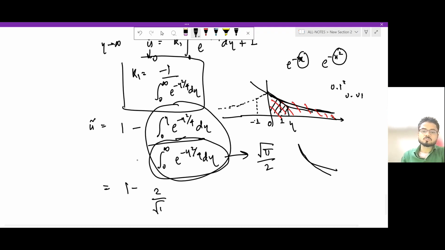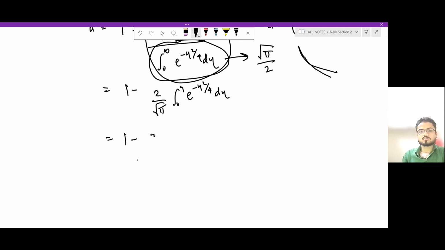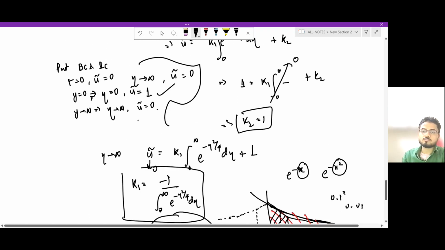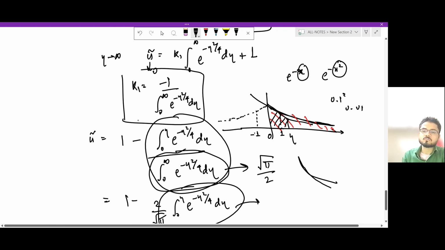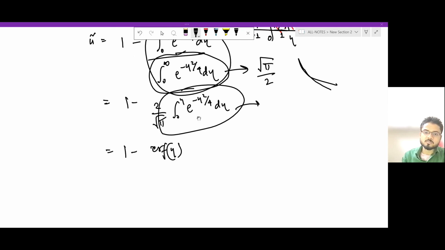So this entire thing becomes a root of 2 over pi times the integral of e to the power minus eta squared over 4 d eta. And this could be written as the error function in terms of eta. This is the formulation of the error function, the proportional area between the integration from 0 to eta to the entire integration in the positive domain.